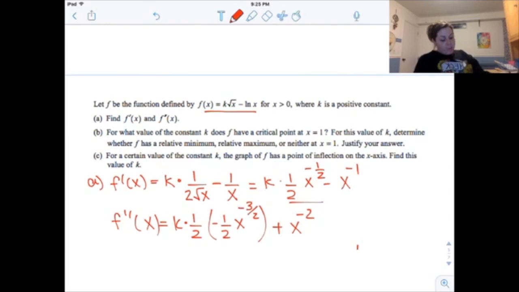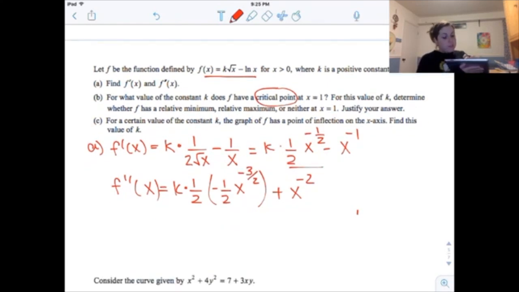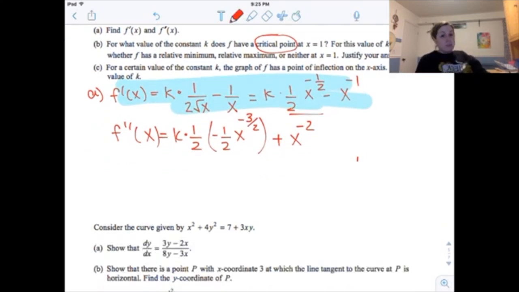So then it says, for what value of k does f have a critical point at 1? So think about this. A critical point means that either your first derivative equals 0 or your first derivative is undefined. So I'm going to look at my first derivative, and I'm going to say, okay, either this equals 0 or it's undefined. At 1, this can't be undefined because you would have 1 as your x and your y.